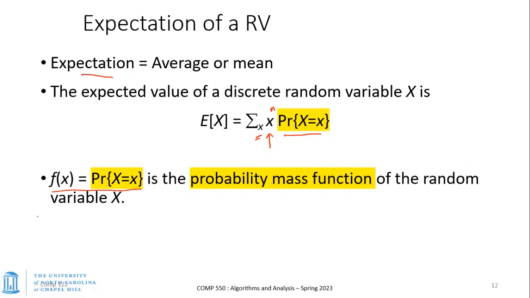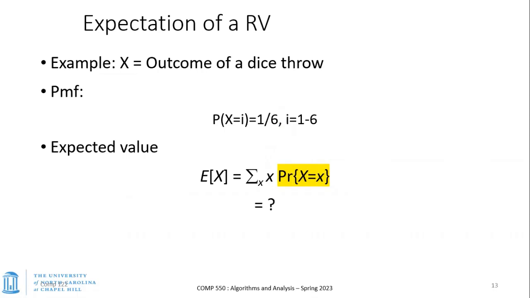So let's take a look at a simple example of that. If you're throwing a single die, assuming that the die is fair, the probability of the random variable X having a value of i is simply 1/6, for i equal to 1 to 6.